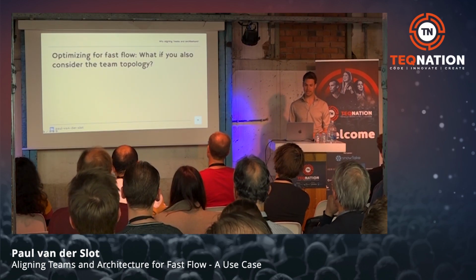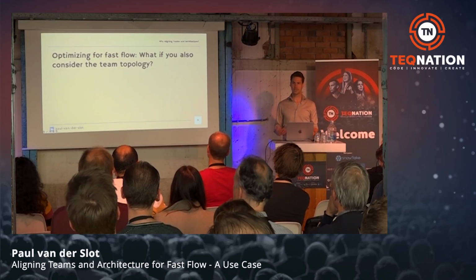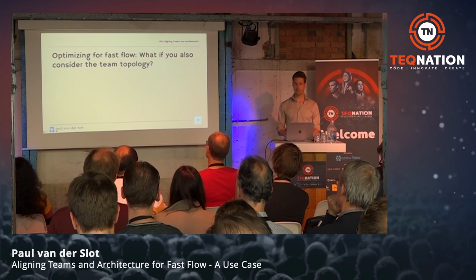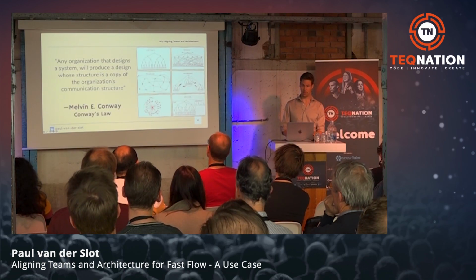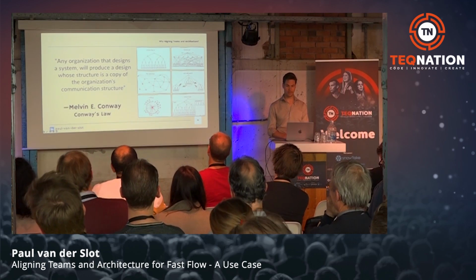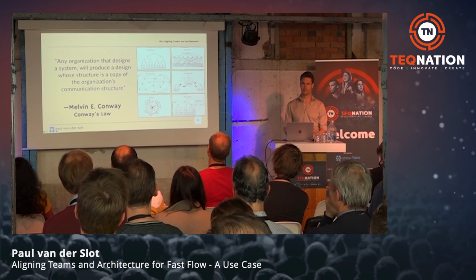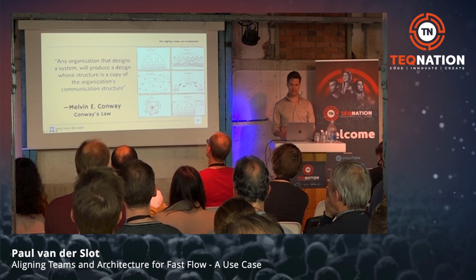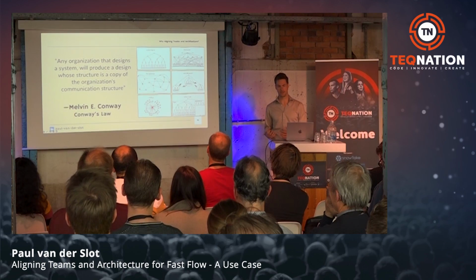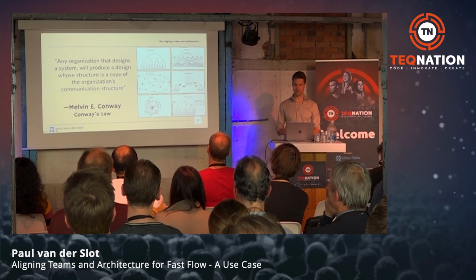Okay, now another axis. What if you consider the team topology as well? One good thing to be aware of is Conway's law. Conway states something about the importance of team structure as well. What Conway's law mentions, easily said, is that the communication structure will influence the system architecture.